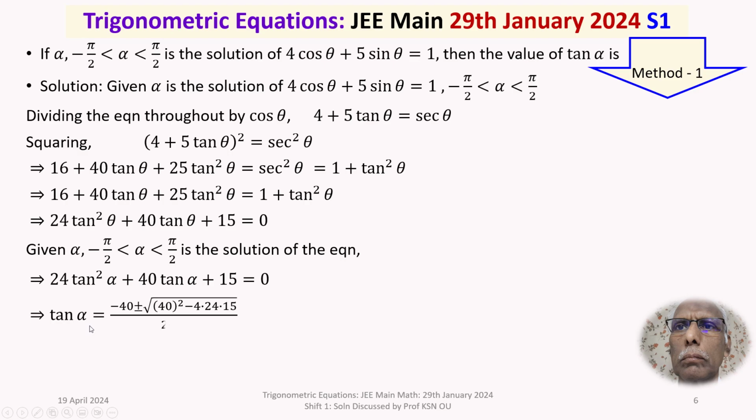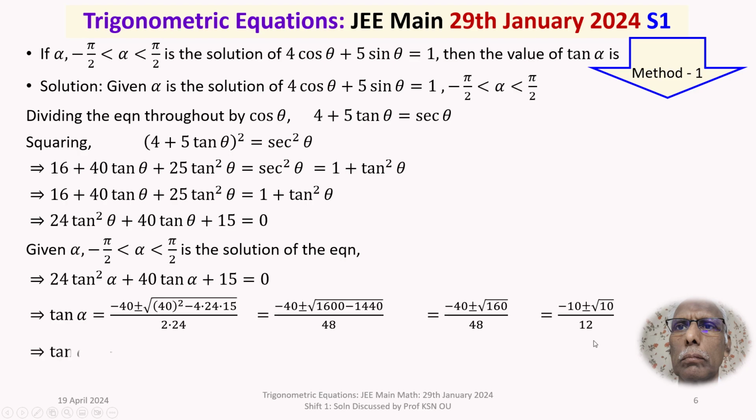Solving for tan alpha using the formula minus b plus or minus the square root of b square minus 4ac, by 2a, and simplifying, we get at the end minus 10 plus or minus the square root of 10, by 12. So tan alpha is equal to minus 10 plus root 10 by 12, or tan alpha is equal to minus 10 minus root 10 by 12.